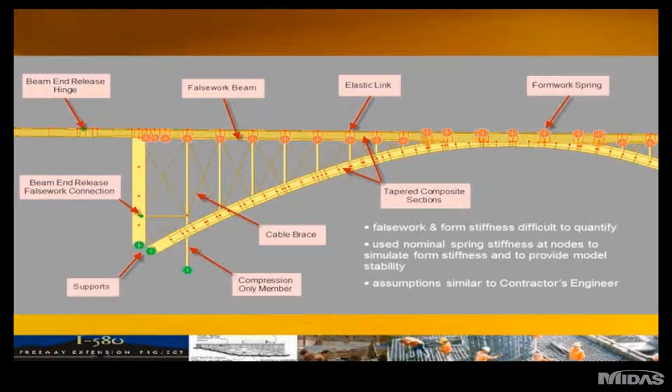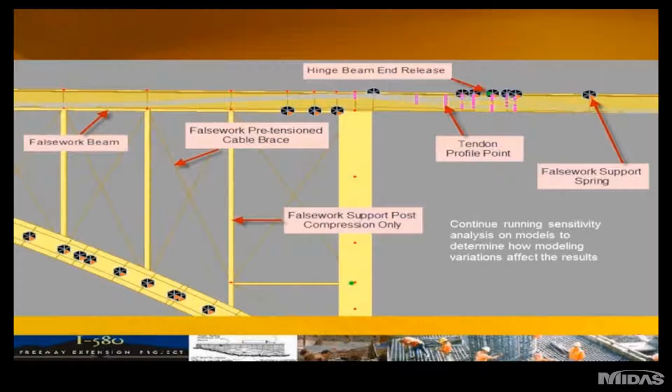Tapered composite sections are used throughout, with simulated formwork springs to give the model some rigidity during the casting. And again, the other side shows false work supports near main pier number 3.